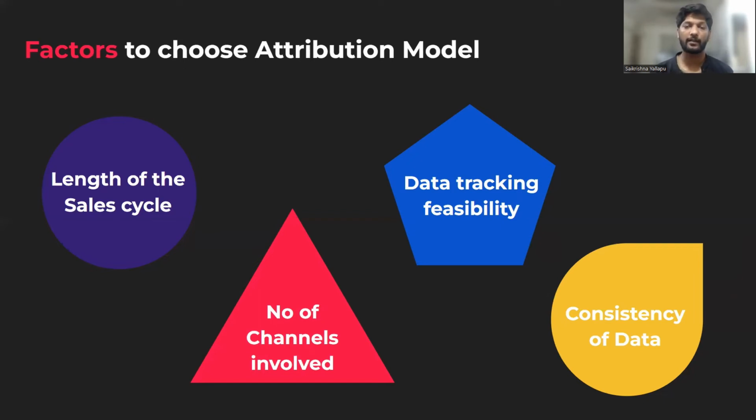We need to understand what data we are able to get back, what data we are able to capture to evaluate or to bring insights into the marketing landscape. And the consistency of the data is equally important, because without a significant amount of data, we cannot really bank on the insights that it is generating. The volume of data is quite important to draw any insights out of the data.